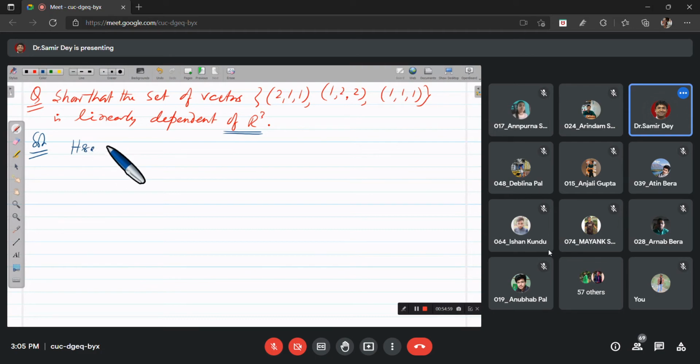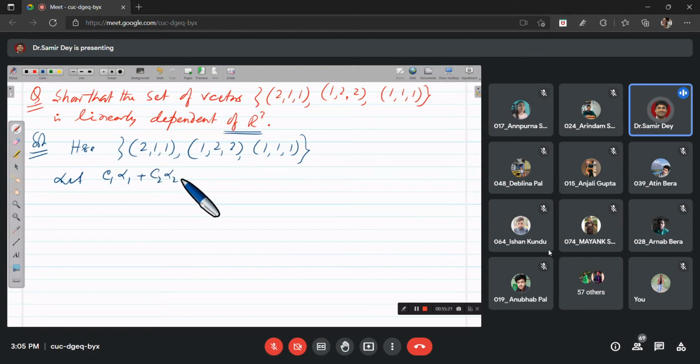Here we have (2,1,1), (1,2,2), (1,1,1), correct? So let C1 alpha 1, C2 alpha 2, C3 alpha 3 is equal to theta.